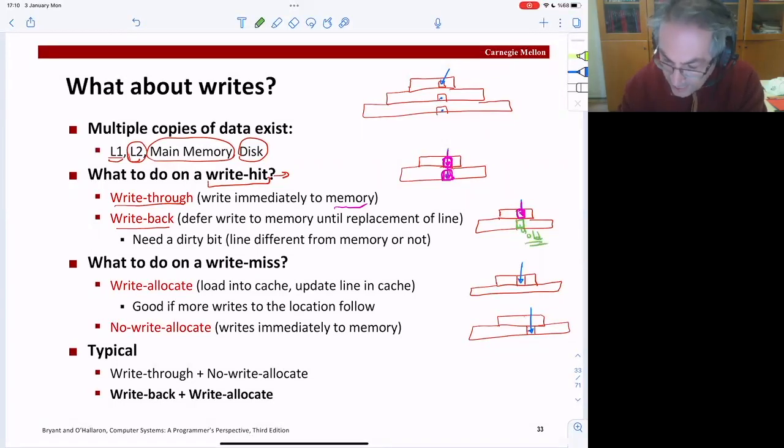So with the write back implementation, remember that in your line we had the data, the tag, and the valid bit. Along with the valid bit, we also include what we call a dirty bit.